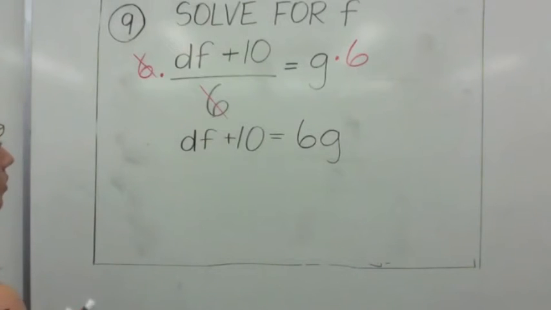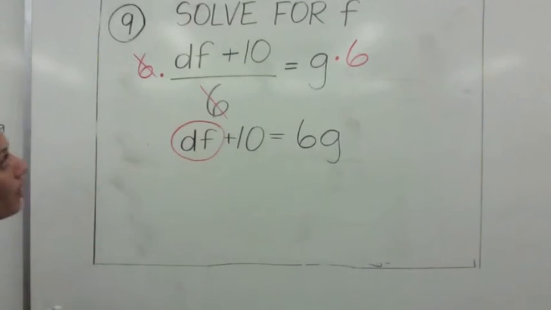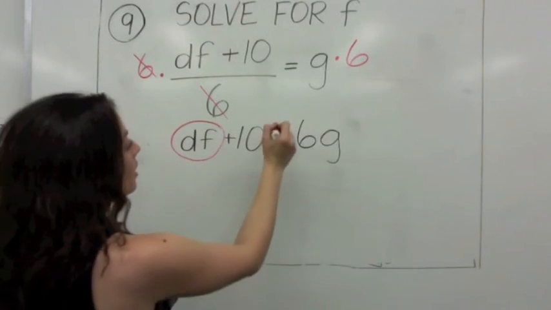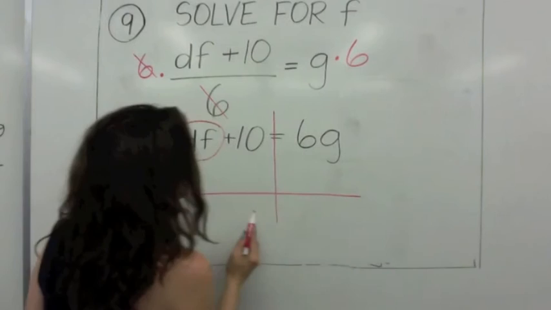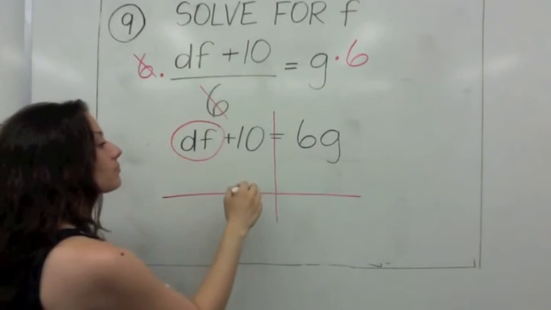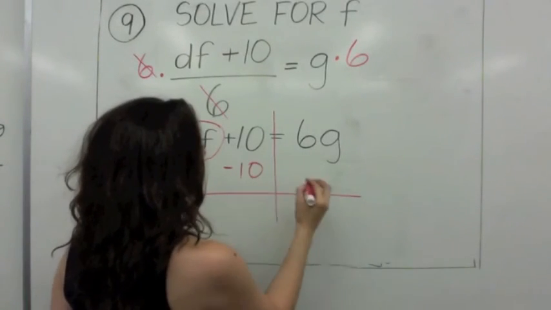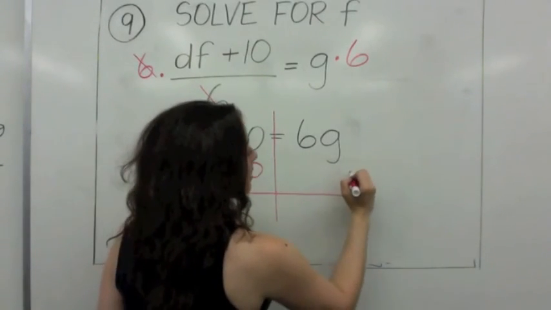And then we're trying to get f by itself. So I'm just going to go ahead and circle this because I just want you to remember what we are trying to isolate. So if I do that, what is next to df that I need to get rid of? I need to get rid of the 10. What's the opposite of positive 10? It's negative 10. I'm going to write it over here like this.